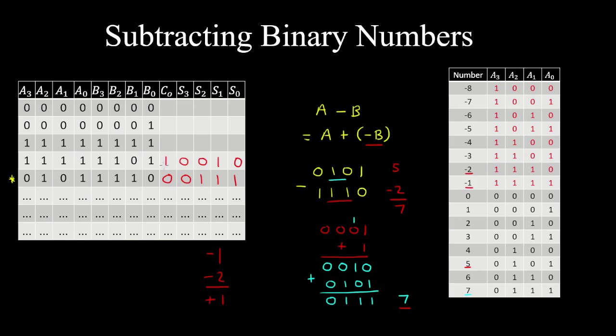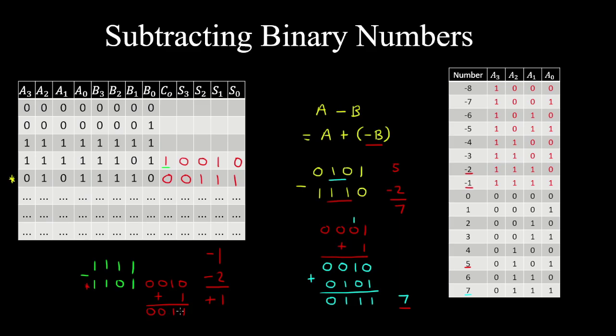But let's have a look at why we got this carry. So what we're doing is subtracting 1, 1, 0, 1 from 1, 1, 1, 1. So the first thing we do is take the complement. So first we flip the bits to get the 1's complement and add 1 to get the 2's complement.